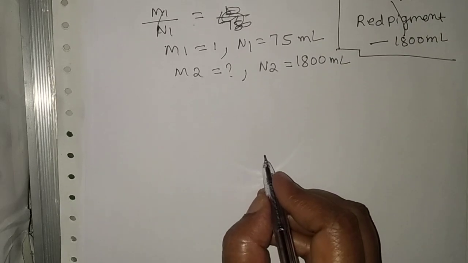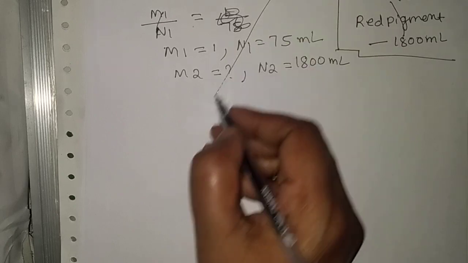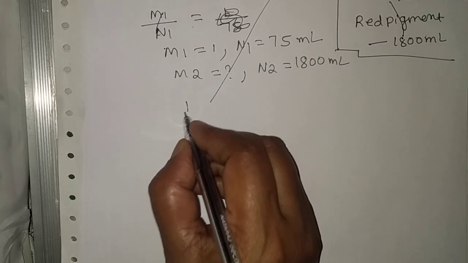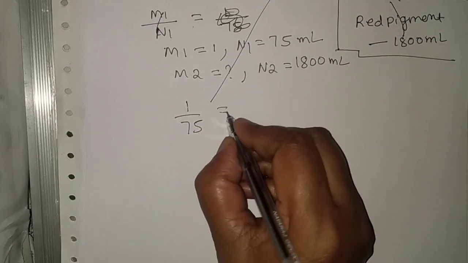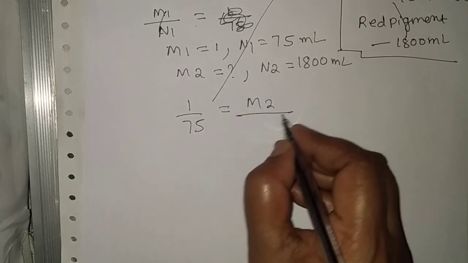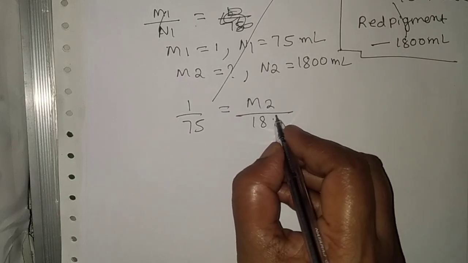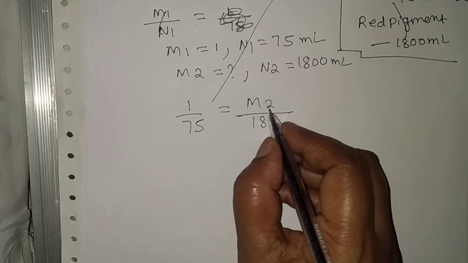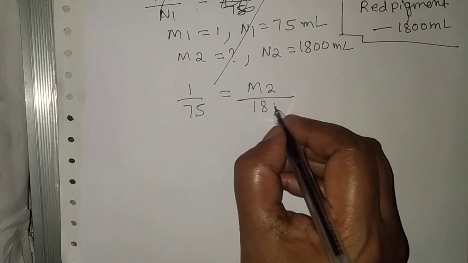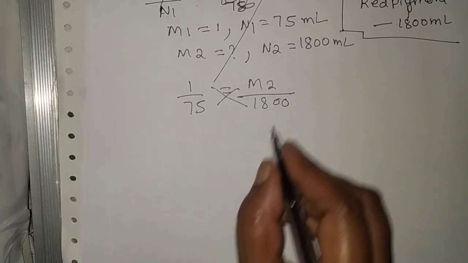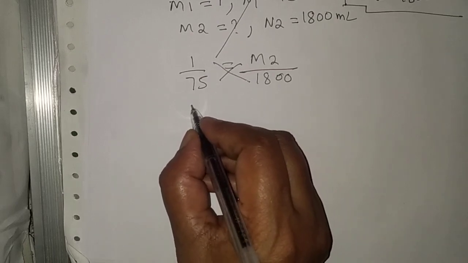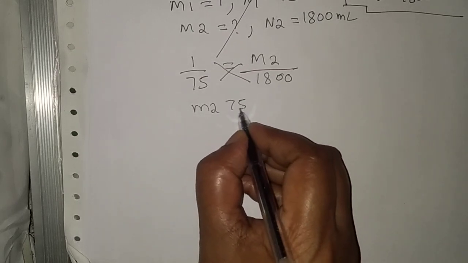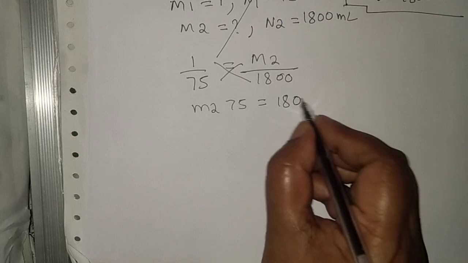So we'll substitute in this equation: 1 by 75 is equal to m2 by n2, n2 is 1800. Now cross multiply these two. We have m2 times 75 is equal to 1800.